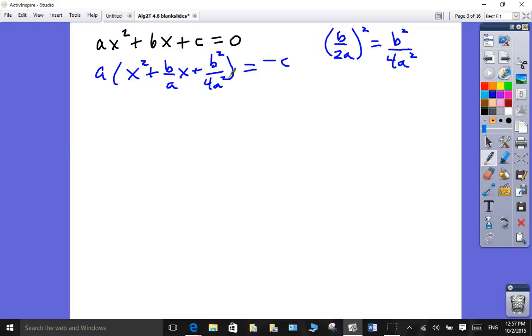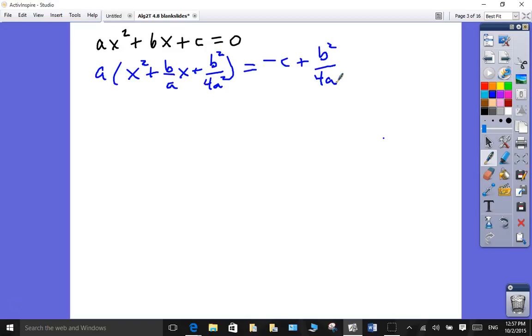How does that simplify? This a cancels one of these a's. So it's just b squared over 4a. Right, so I'm going to make myself some room here. So we add plus b squared over 4a.